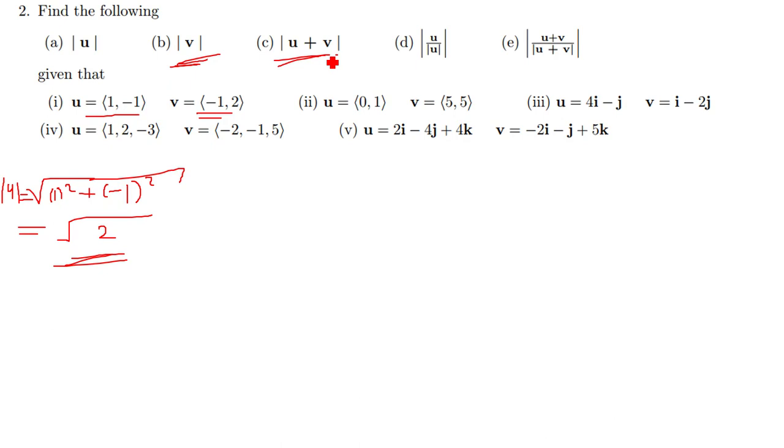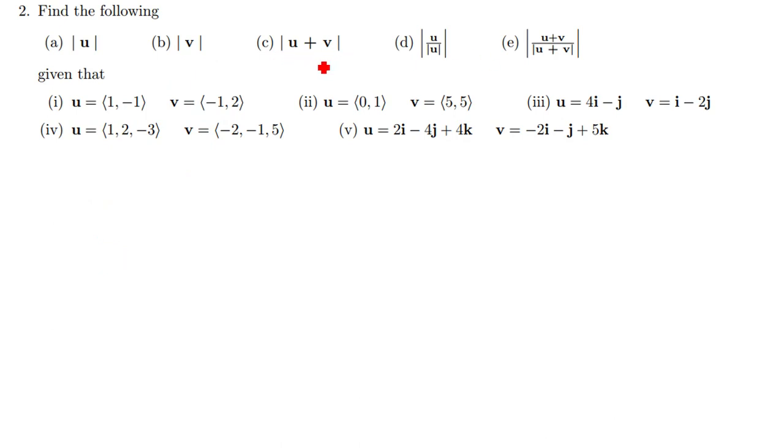When you are adding vectors, you just add the corresponding values. So for u plus v, 1 plus -1 gives you 0, then comma, -1 plus 2 gives you 1, then you close like that.